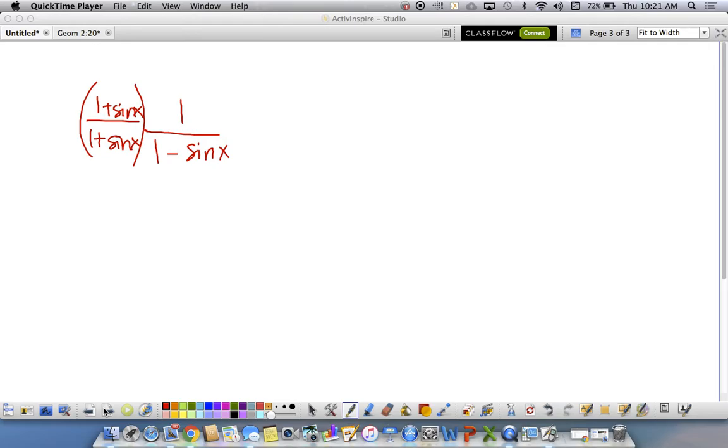Okay? So when I multiply, what do we get on the top? 1 plus sine x. On the bottom, do I have to FOIL? Yes, I do. So 1 times 1 is 1. 1 times negative sine x is negative sine x.